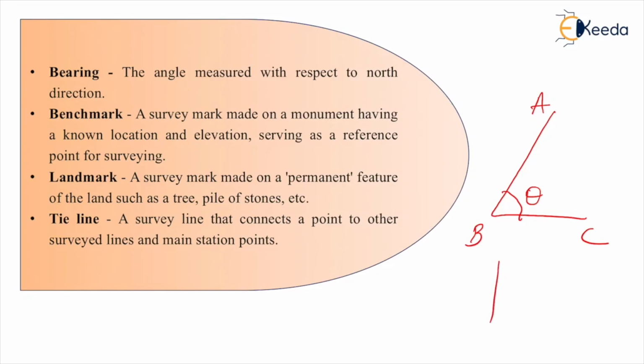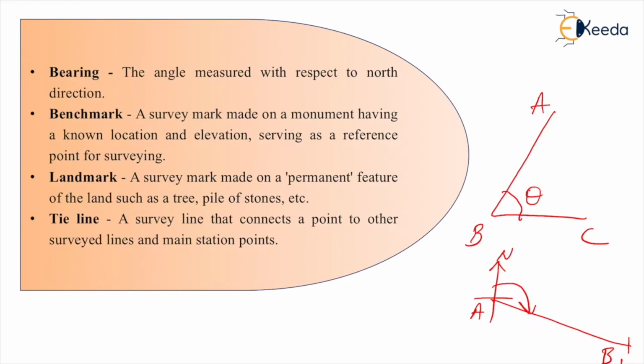Bearing is nothing but the angle which is calculated with respect to the north direction. So this is point A and this is point B. If we are calculating the angle with respect to the north line, then it is known as the bearing of line AB, and bearing is further divided into two parts, forebearing and backbearing.